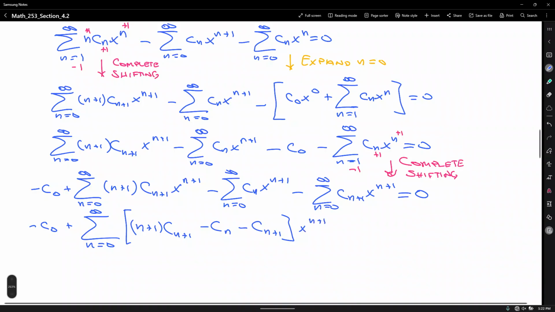What am I doing here? I'm factoring the x to the n plus 1 to the right, and I'm factoring the sigma notation to the left. Okay? And let that be equal to 0.